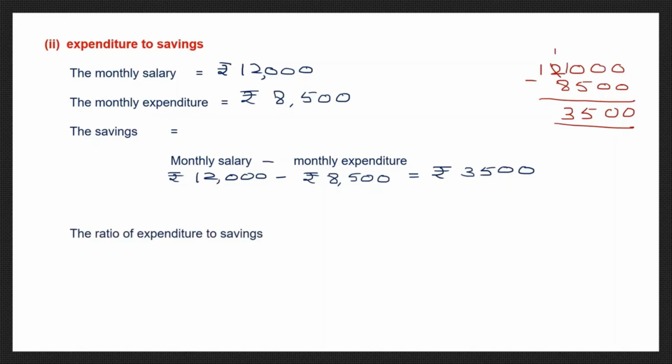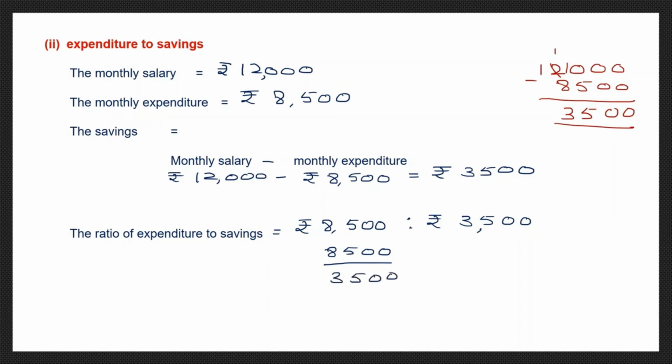Now we need to find the ratio of expenditure to savings. So how much is his expenditure? It's 8,500 rupees, which is given in the question, and his savings is what we just found out, 3,500 rupees. Now the first step, we need to write this as a fraction, 8,500 by 3,500.